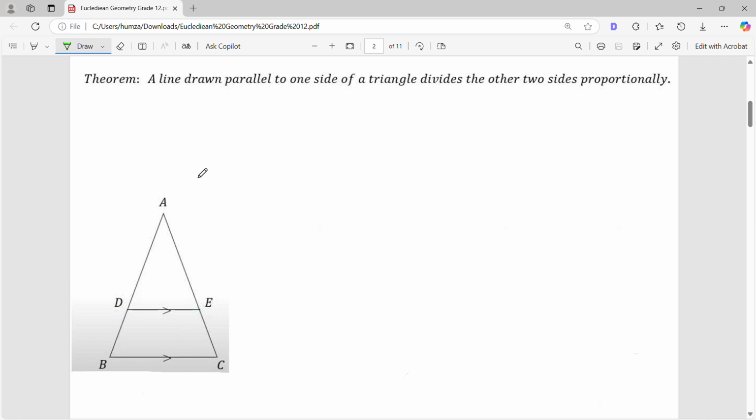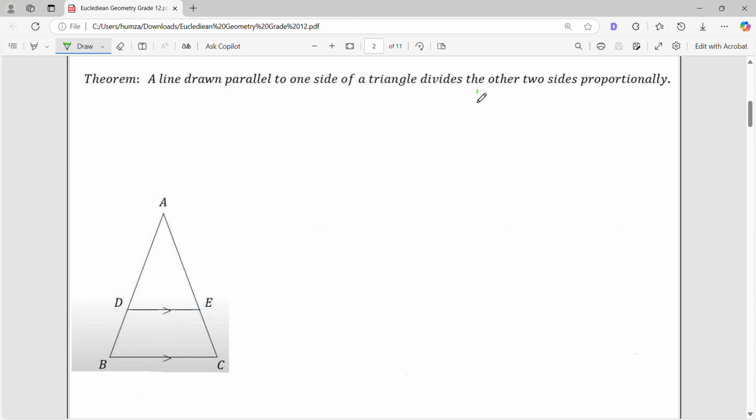So the first theorem says a line drawn parallel to one side of a triangle divides the other two sides proportionally. So this means that these are the lines which are parallel to one side of a triangle.